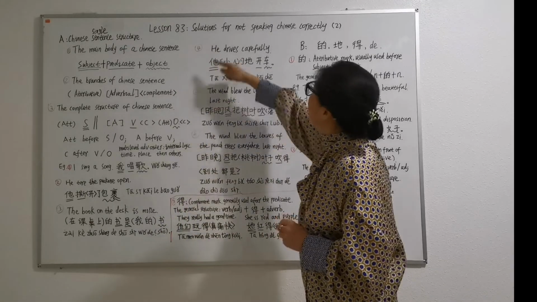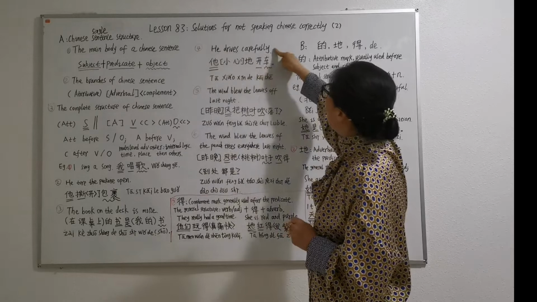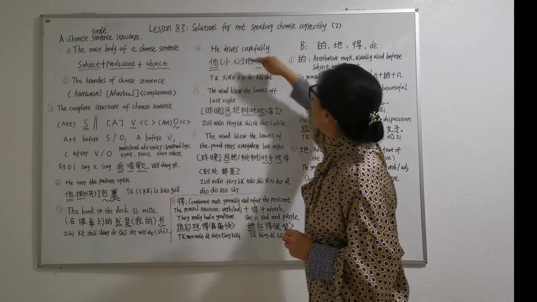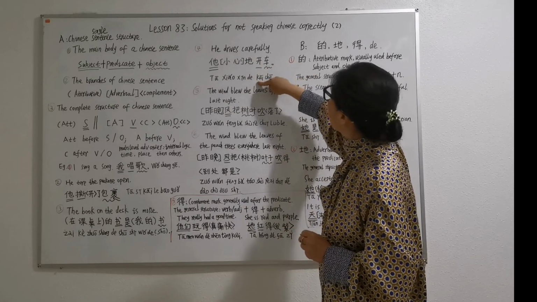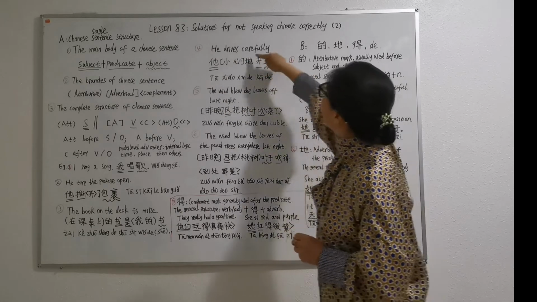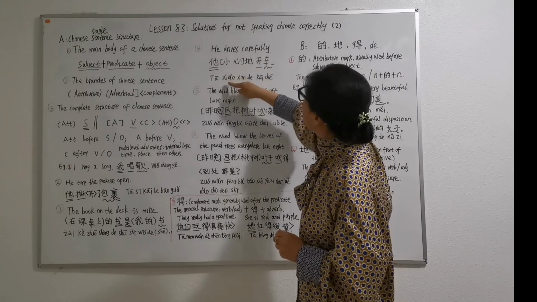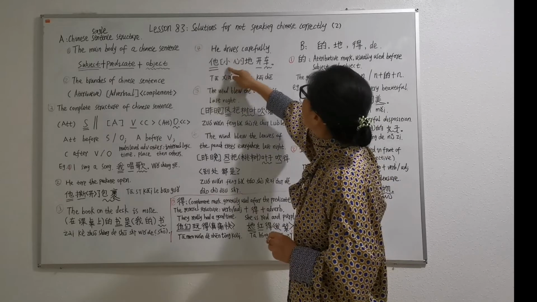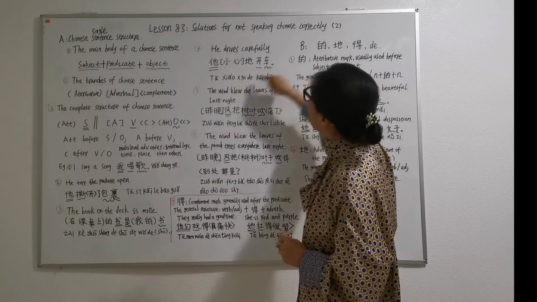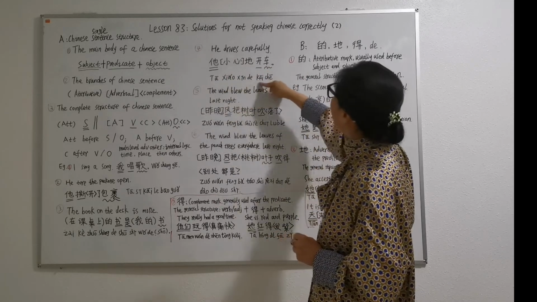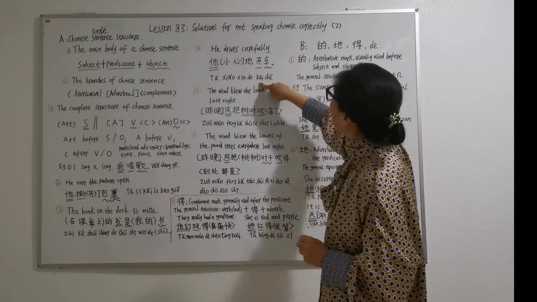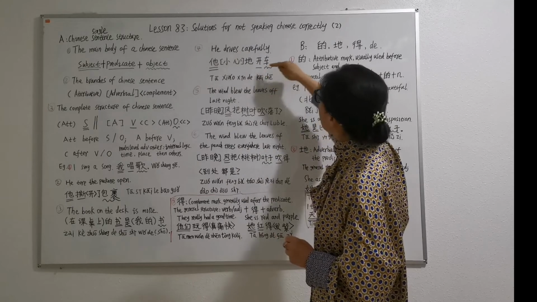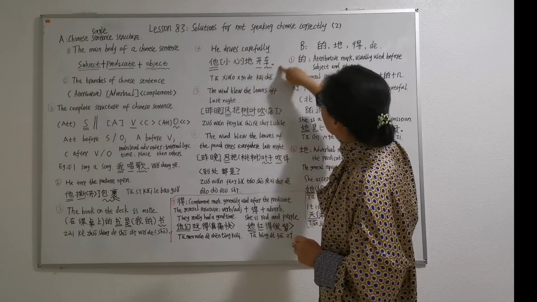The fourth. He drives carefully. He 他, drive 开车, carefully 小心. So we say 他小心地开车. 开 is a verb. 开车 is drive, but in Chinese it is 开 and 车, verb and noun.